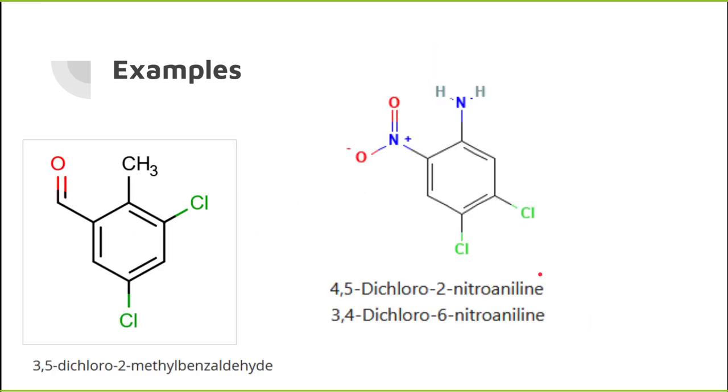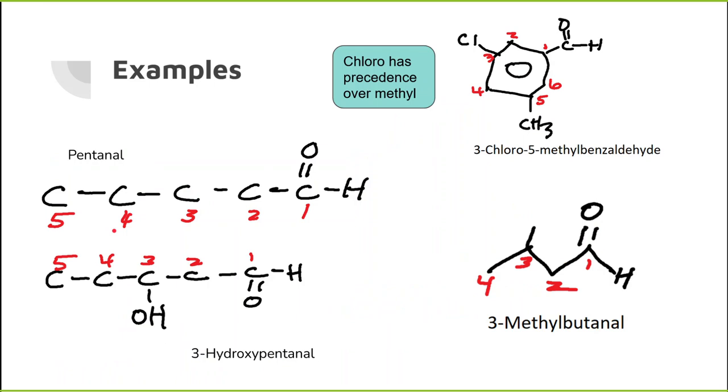I have an example here. This has to be number 1, so you could go 2, 3, 4, 5, which is the way we're numbering it. That might not be my example. Where's my example? Oh, here it is.